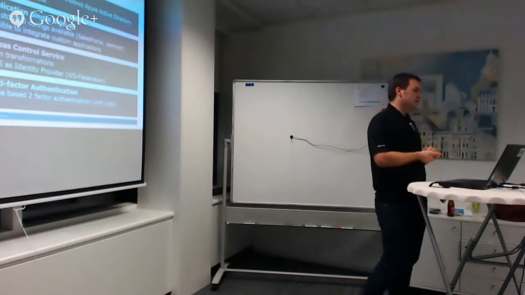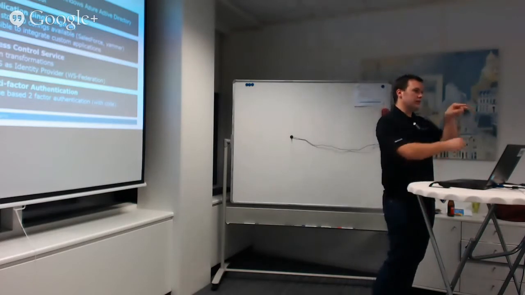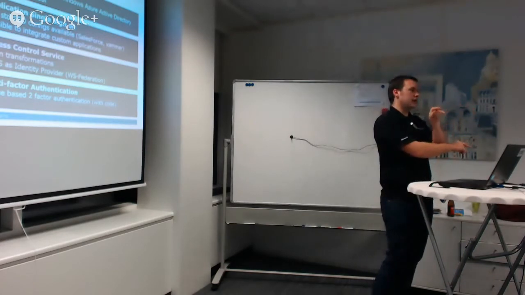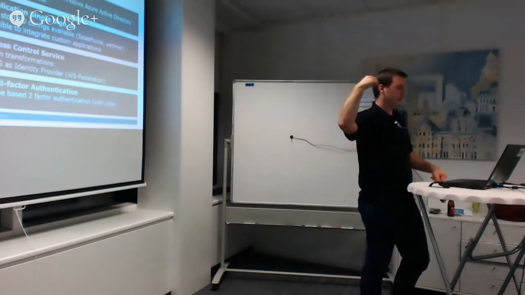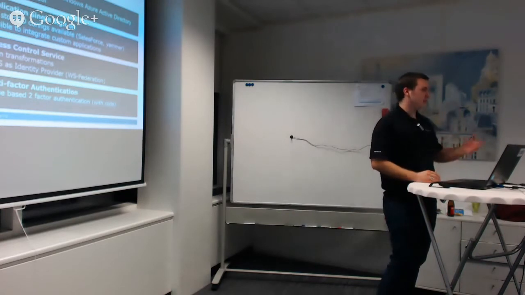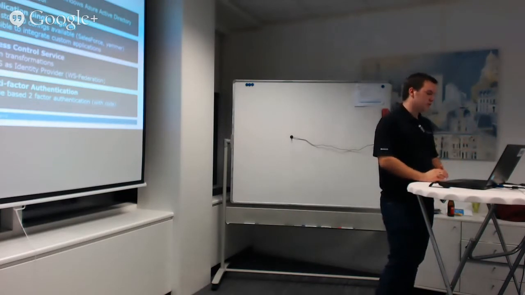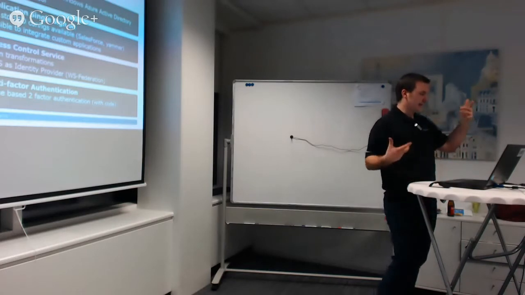You then have the single sign-on. So where you can, for example, say, okay, if a user is signed on with the local Active Directory ID, he gets automatically linked with the right role of Salesforce.com, all these things. Then you have, of course, ACS, if you were at CloudBrew, it was a good session on that. So where you can use, for example, Active Directory as an identity provider using federation services.